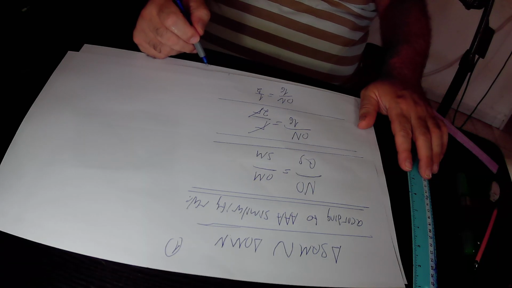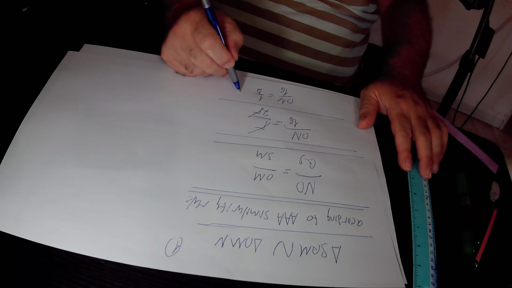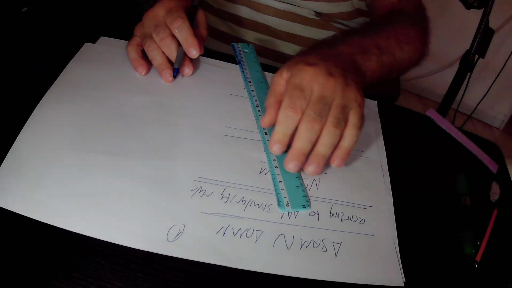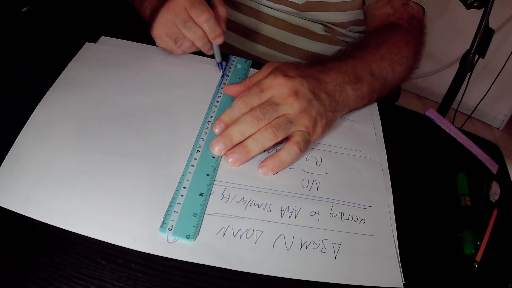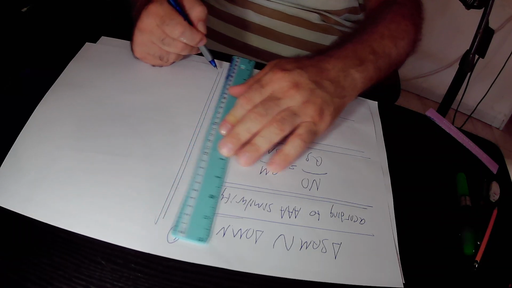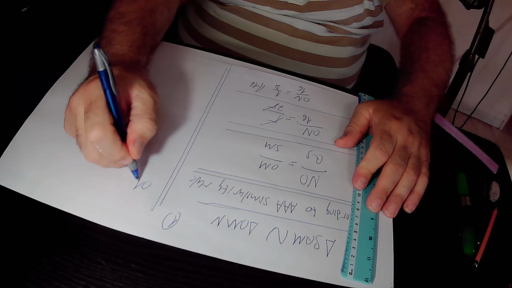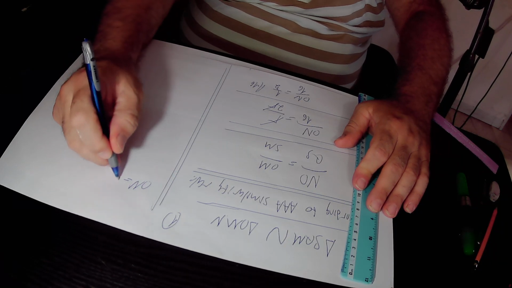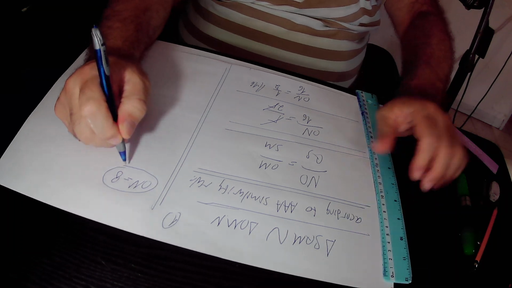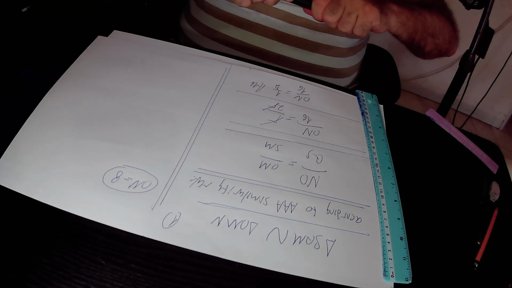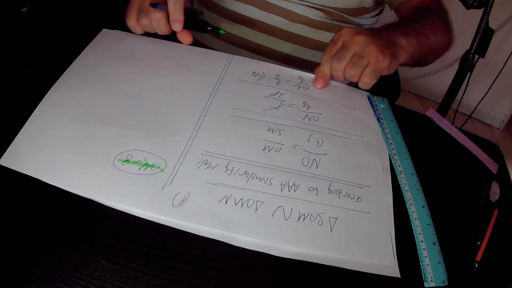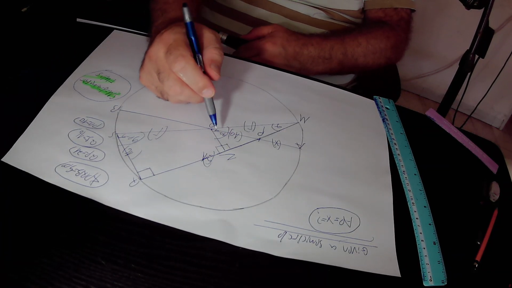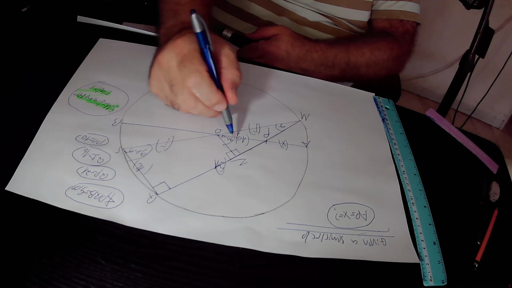Here we multiply this equation by 16 and we get that the missing side ON equals 16 over 2, that is 8. So we found that this is the missing side ON, which equals 8 units in length.